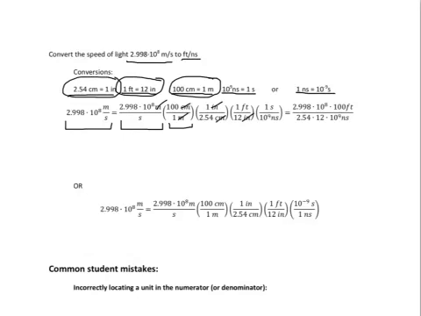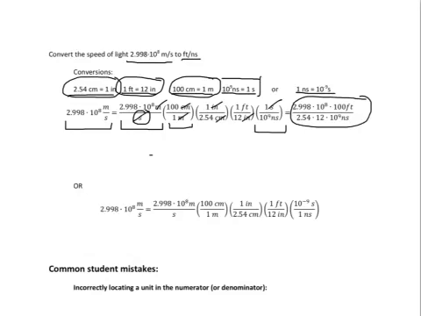at the end I need to convert the time, the seconds in the denominator. I need to convert these seconds into nanoseconds. So using this conversion factor, I have 1 second over 10 to the 9th nanoseconds. So seconds cancel, and the final calculation I'm left with is this.